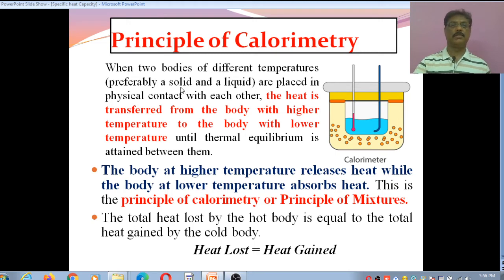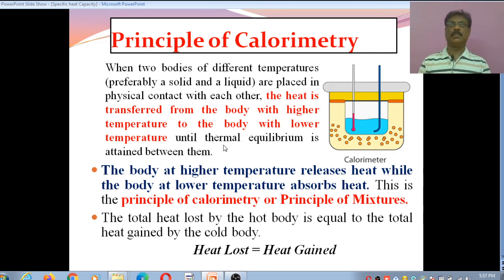So when two bodies of different temperatures are placed in contact, heat is transferred from the body with higher temperature to the body with lower temperature until thermal equilibrium is attained between them. A common temperature will be attained.